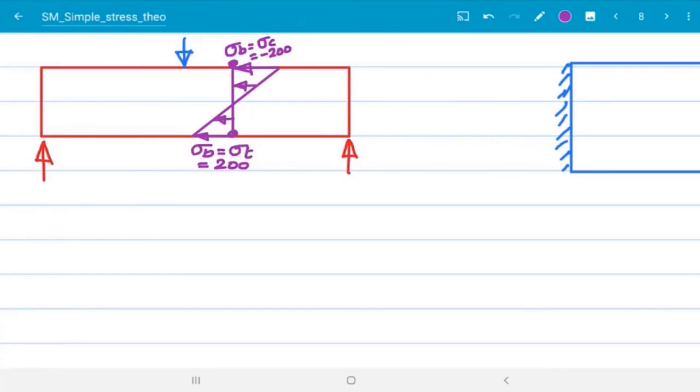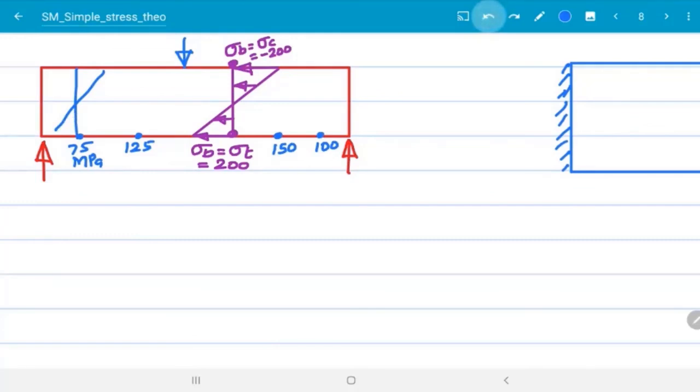At this point it is 150, at this point 100. I am not worrying about the compression side, only the tension side. Here it is 125, here it is 75. These are all the stress values. At every location, I can draw the stress pattern.